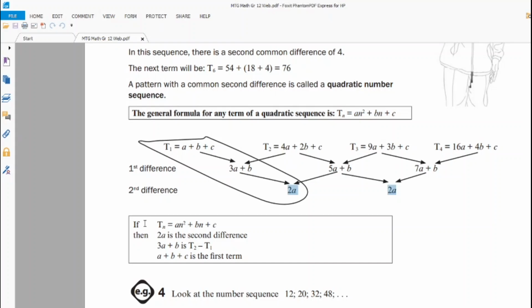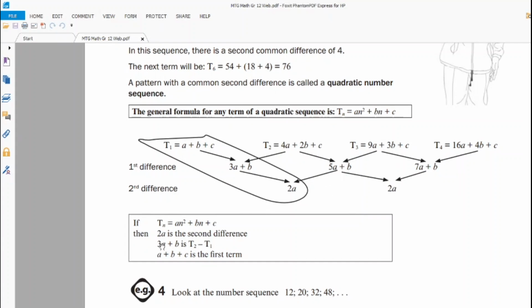They come back here and say if Tn equals an squared plus bn plus c, then 2a is the second difference. This 2a is the second difference. 3a plus b is term 2 minus term 1. A plus b plus c is the first term. So the information in this box is important.